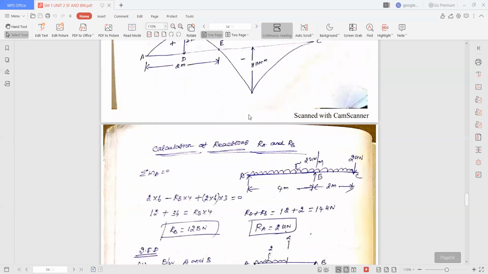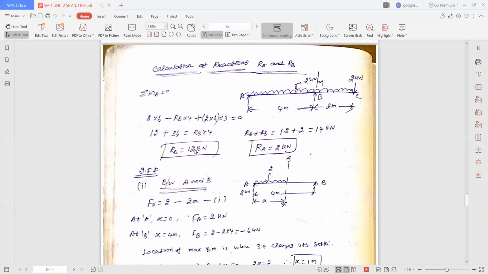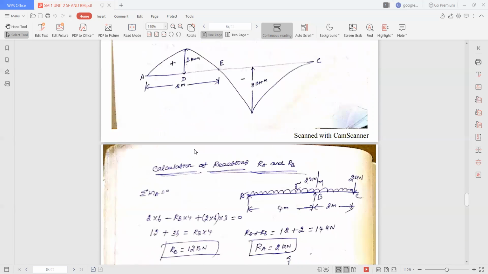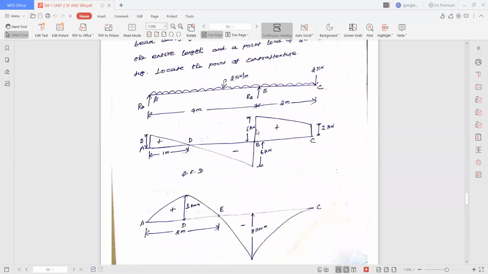Reaction at B is 12 kilonewton, right? So already you have minus 6 kilonewton, here plus 12 kilonewton. So plus 12 minus 6, how much? Plus 6. Therefore, from this point it will go from minus 6 to plus 6.